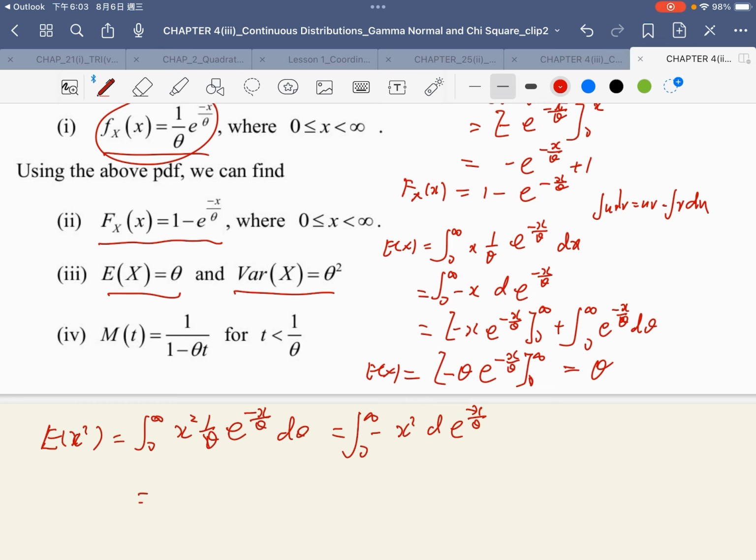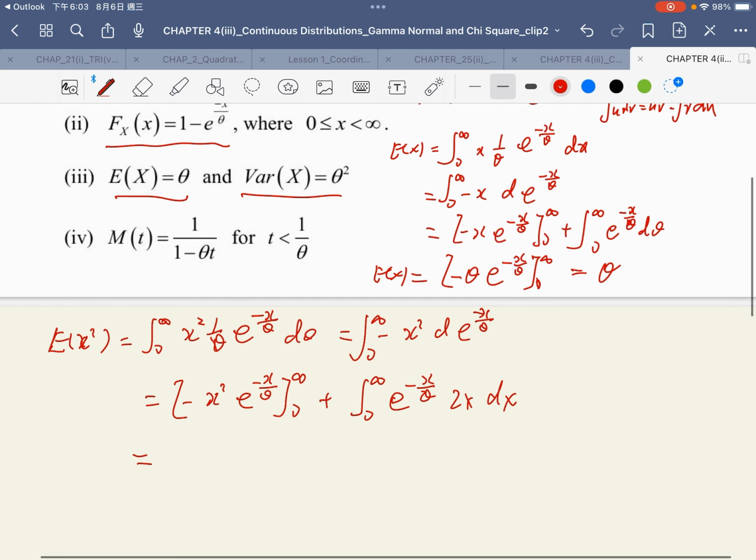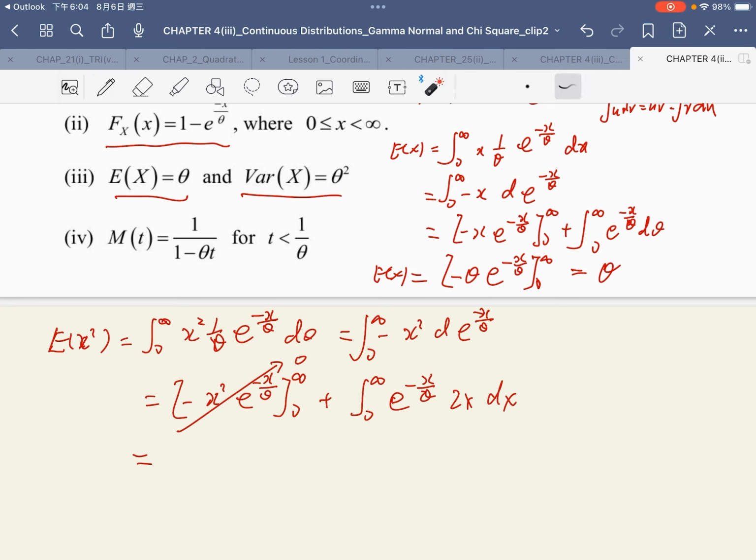And by integration by parts, negative x squared, and then plus the change of these two, d(x squared). I change this one: this is 2x dx. And this is all 0, because when you put 0 and infinity into the function, the two terms are 0.